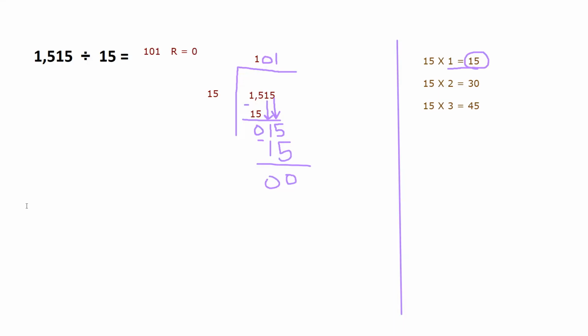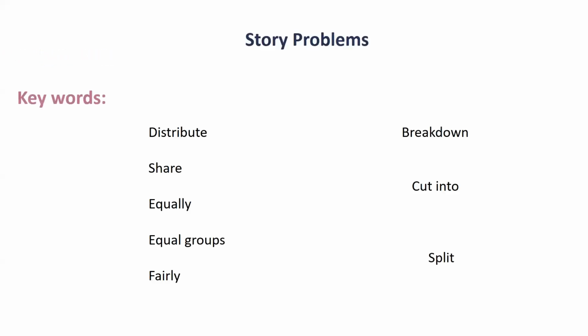Can you remember when we have a story problem? How can we know that this story problem means division? We have some keywords that help us in understanding the meaning and understand that this story or word problem is related to division. Like what?